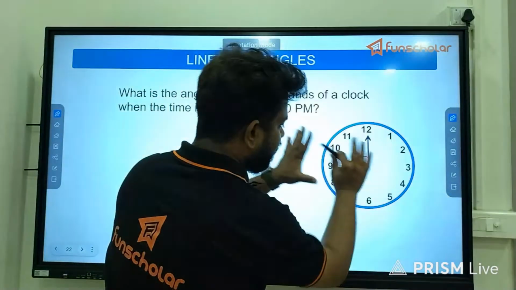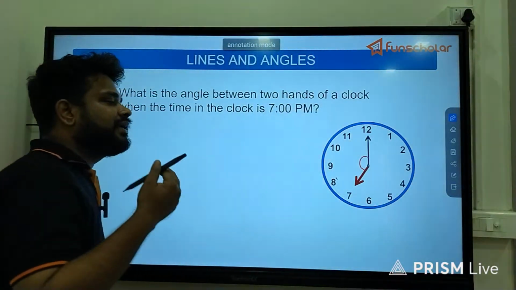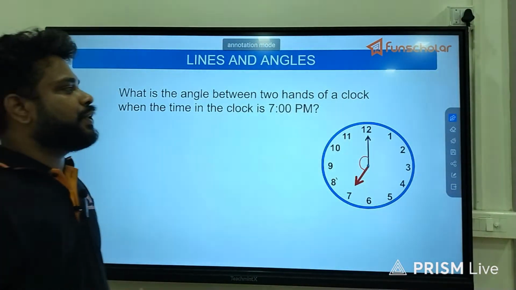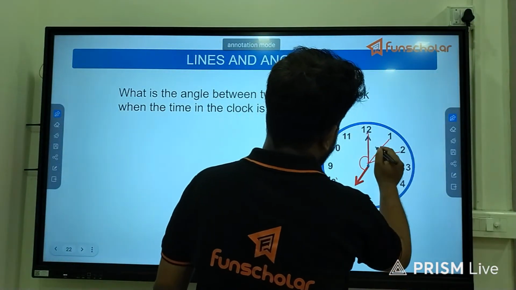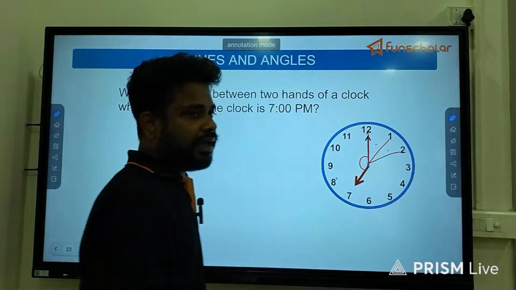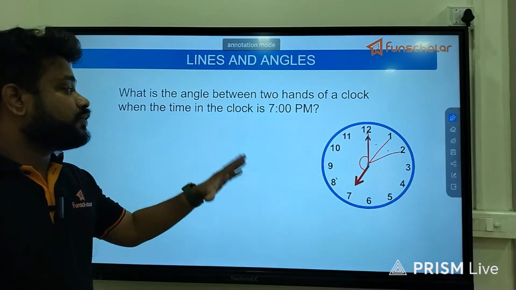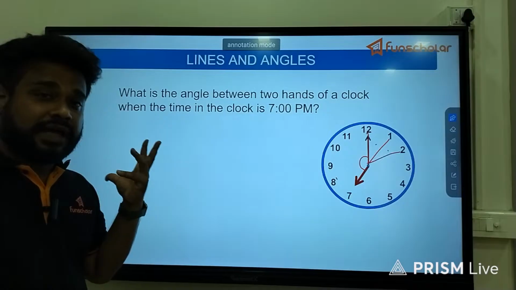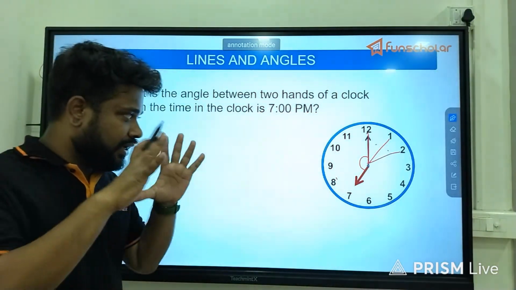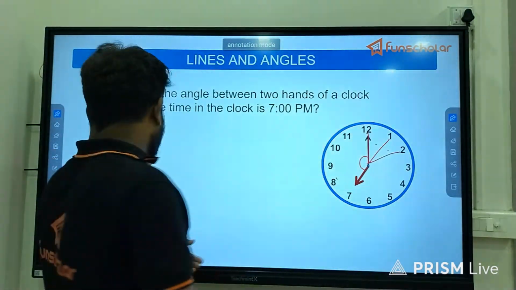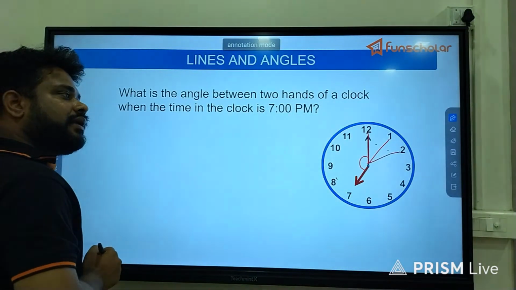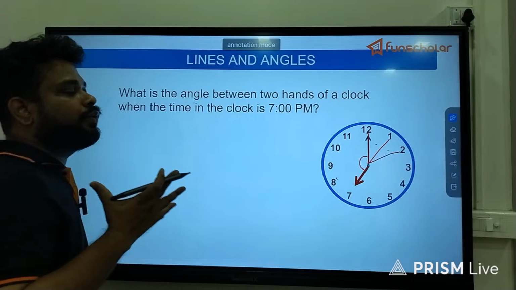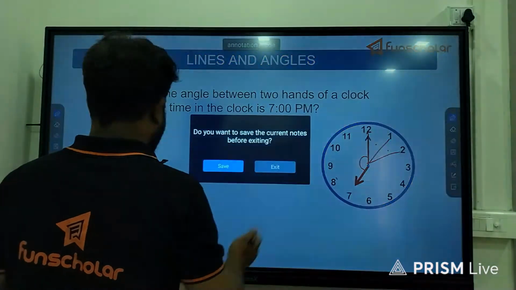You can measure it, and generally in GA classes you have to remember that each hour has a 30-degree angle. When we discuss the sums, we will discuss it in a proper manner. So let's just understand that the measurement will be 150 degrees. Okay, let's go to the next.